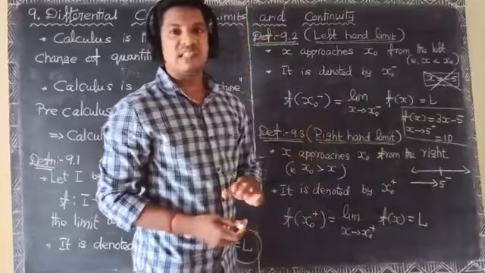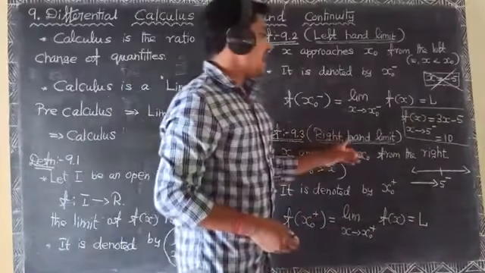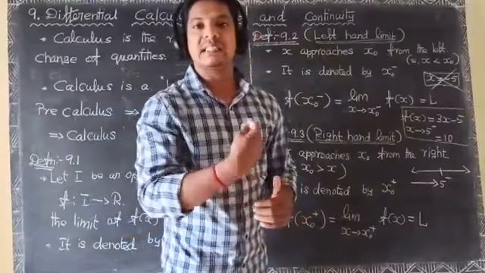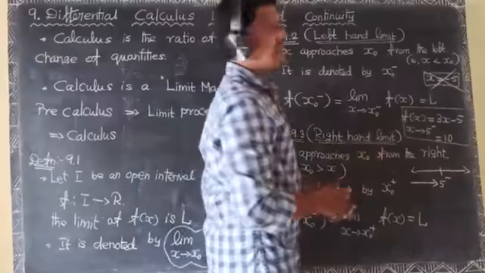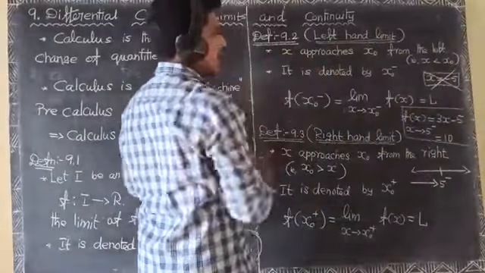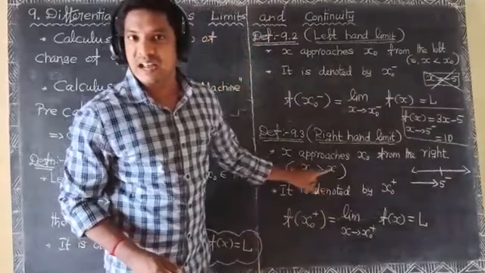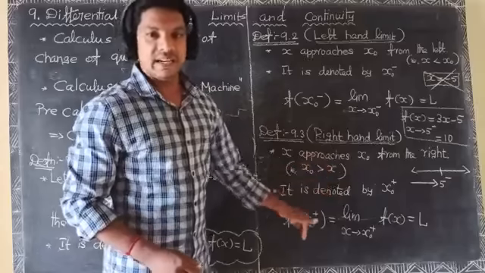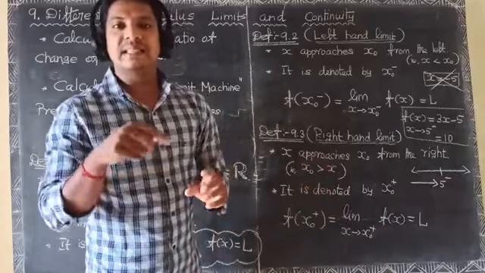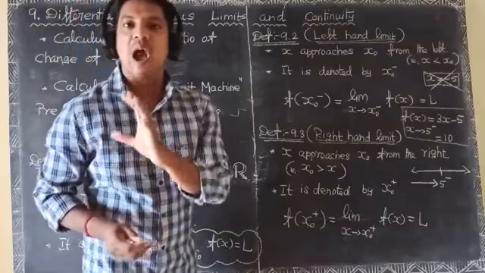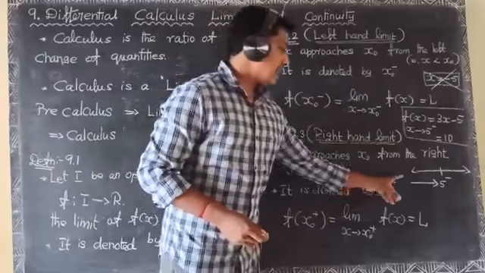Next go to definition 9.3, right hand limit. Here x approaches x naught from the right side, that is, x naught greater than x. It is denoted by x naught with a plus sign as the power, the right hand limit.